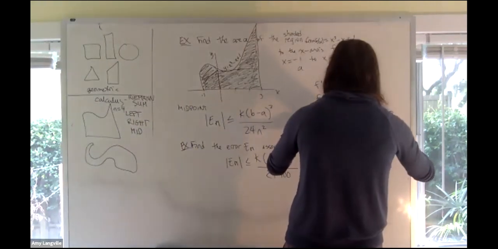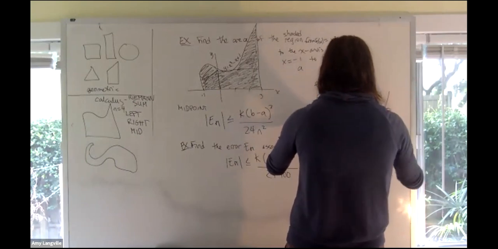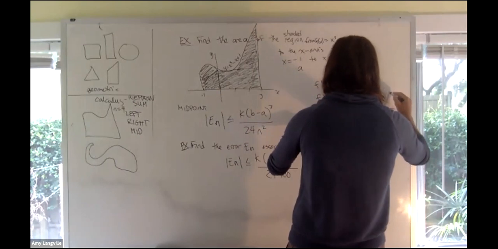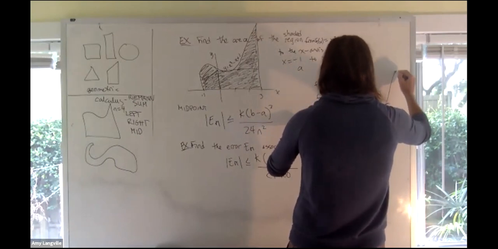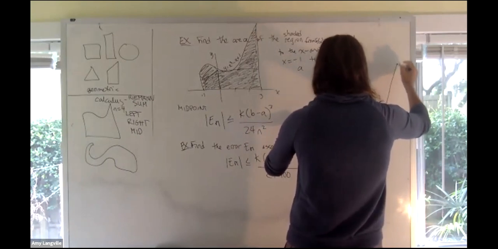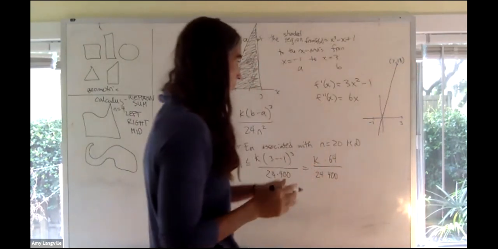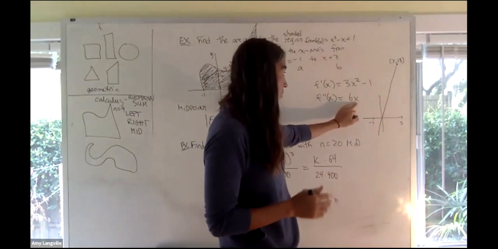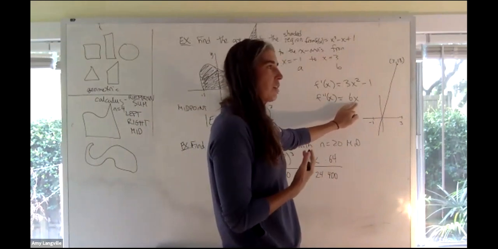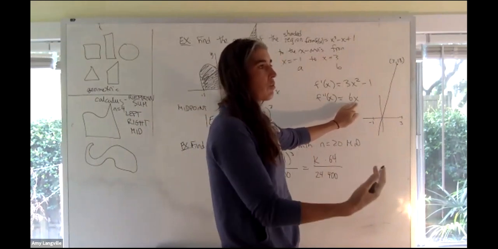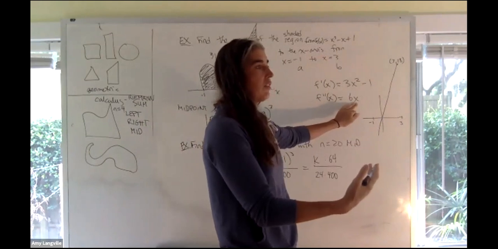6x is just this line. From -1 to 3, the biggest value it would take on is right here, at the point 3. 6 times 3 is 18. Another way you could just look at it: when x is -1, I get -6, and when x goes all the way up to 3, I would get 18.